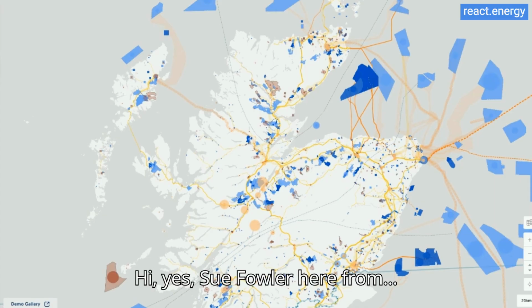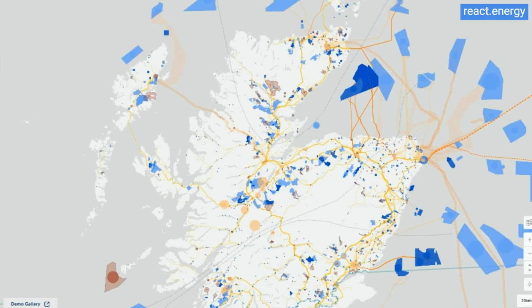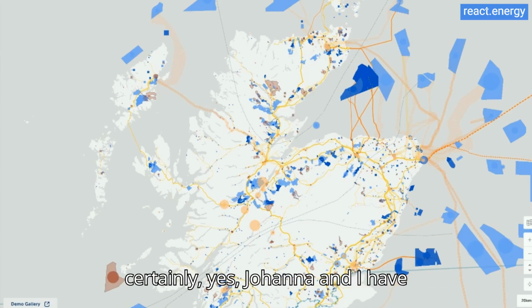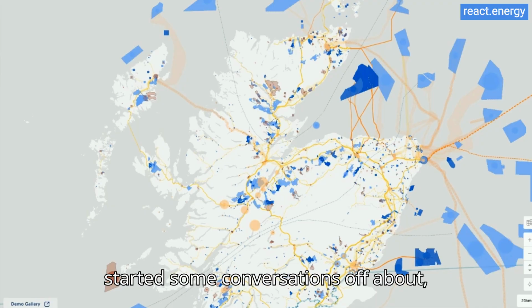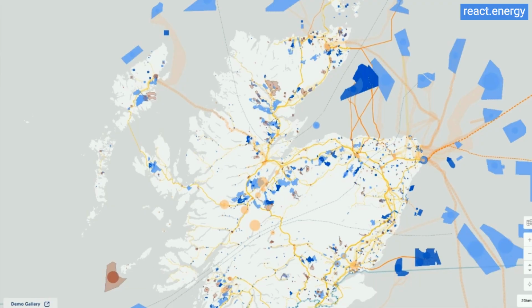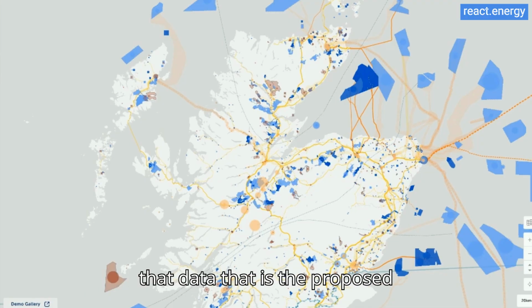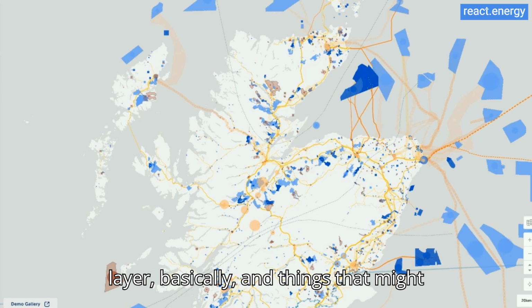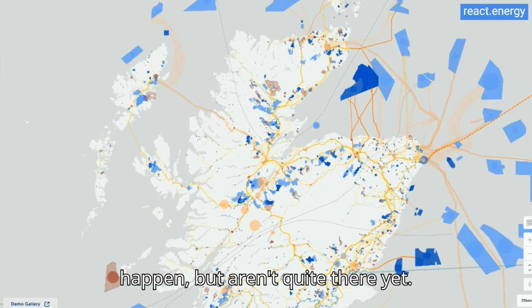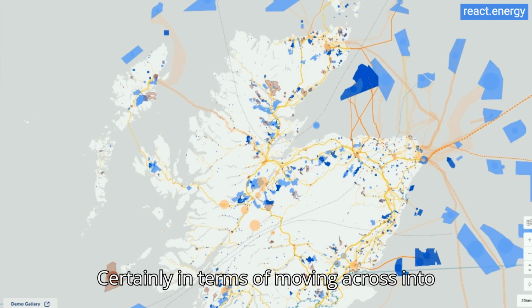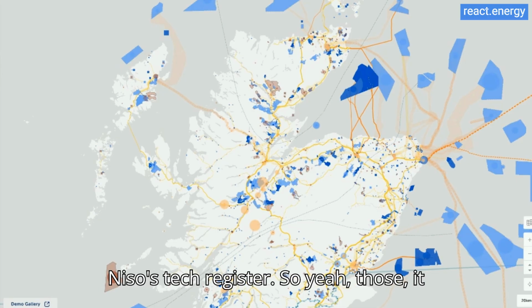Hi, it's Sue Fowley here, partially from network development, which sits in the pre-Gate Zero world. Johanna and I have started some conversations about how we would think about that data, the proposed layer, basically things that might happen but aren't quite there yet, certainly in terms of moving across into NESO's tech register.